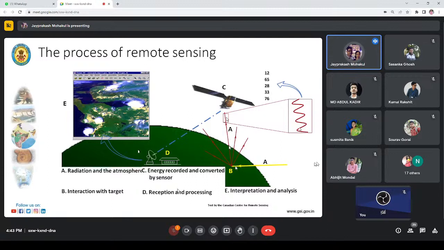When this radiation goes from here, in childhood you must have played with a kind of diffraction of light, no? Diffraction of light into various colors of light. Remember, if you pass the light through a prism, it gets separated into different wavelengths of light, no?